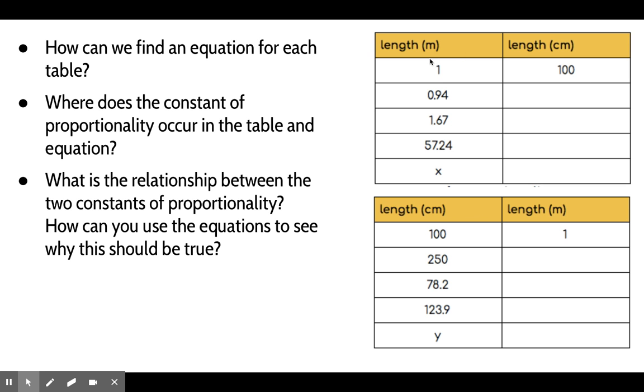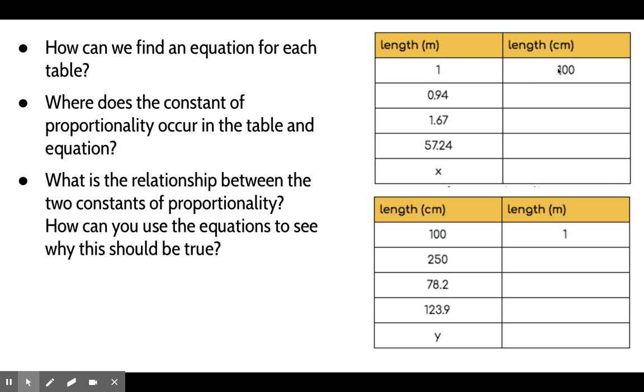This is our constant of proportionality, or our unit rate, meaning that for everything in this first column, I should be able to multiply it by 100 to get everything in the second column. For instance, 1 times 100 gave me 100.